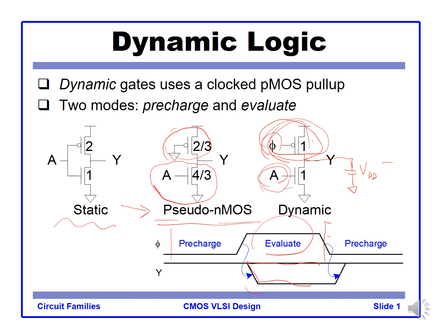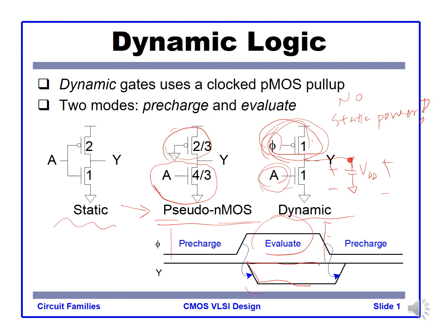By having this, we can make a faster evaluation without having any static power. No static power. So this is called dynamic logic. Dynamic means we are relying on the floating capacitance.